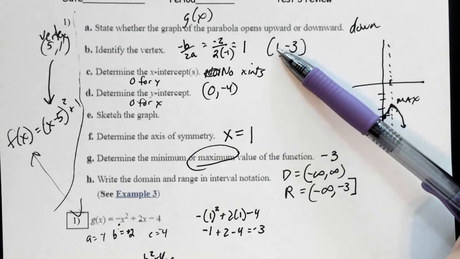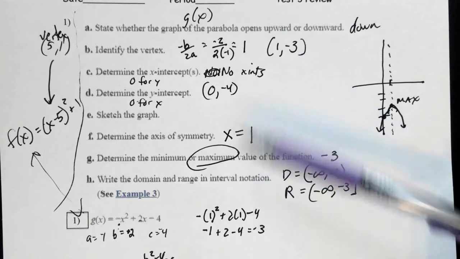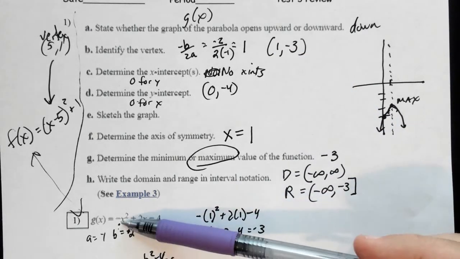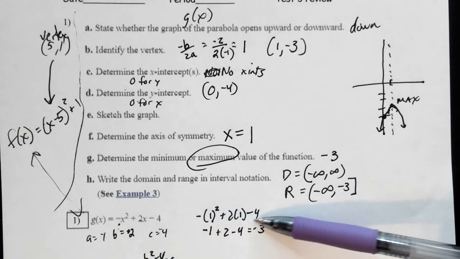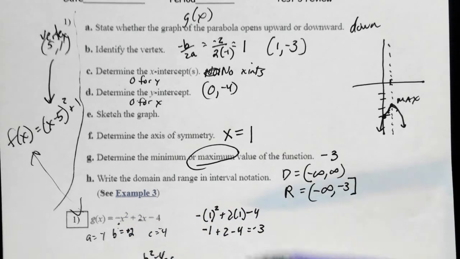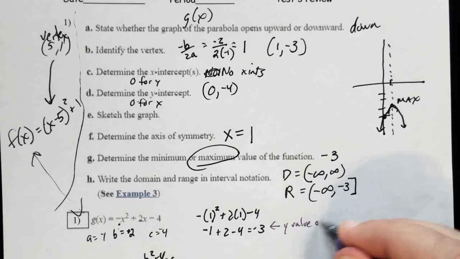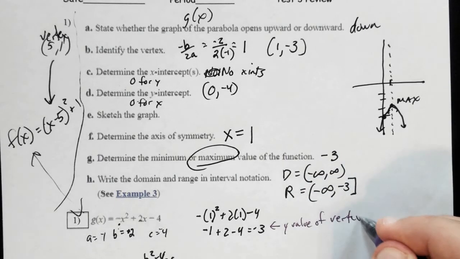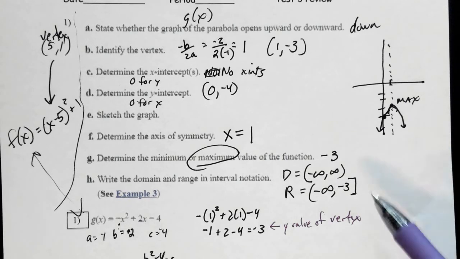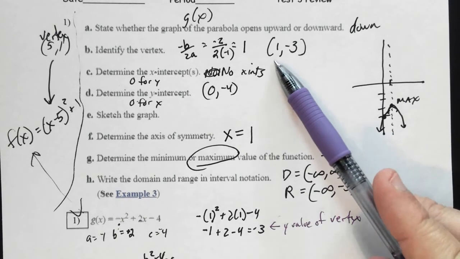So the x value of my vertex is at 1. Plug the 1 back into the equation and find your y value of the vertex. So there is my vertex at 1, negative 3.